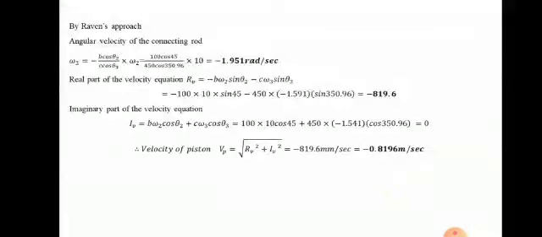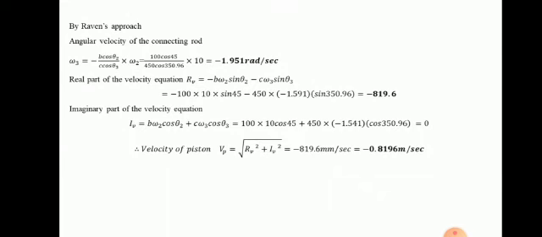By Raven's approach, angular velocity of the connecting rod, omega 3 is equal to minus B cos theta 2 divided by C cos theta 3 into omega 2, which is 100 cos 45 divided by 450 cos 350.96 into 10. Omega 3 can be calculated as minus 1.951 radian per second.